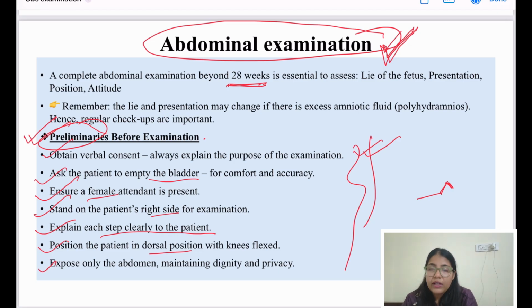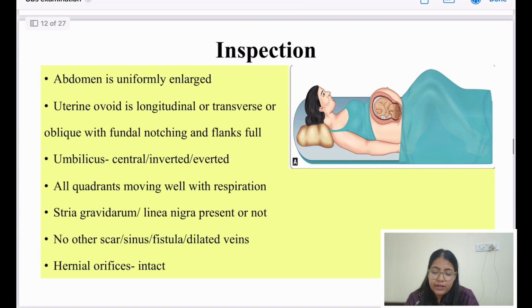Normally in medicine and surgery patients, when we are examining the abdomen, we expose from mid chest to mid thigh, but in obs patients we don't need to expose that much. We expose from xiphisternum to pubic symphysis only. That much exposure is enough for obstetric per abdomen examination.